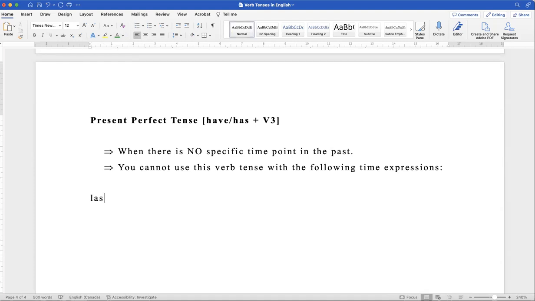If you see last year, last summer, last week, last night, or blah, blah, blah ago, or in 1997, or in 2005, or in 2022, etc. Or what else? Yesterday, or in the 19th century.